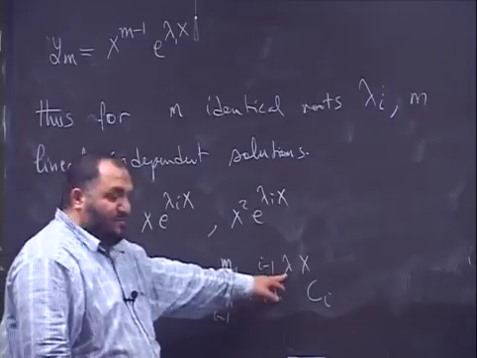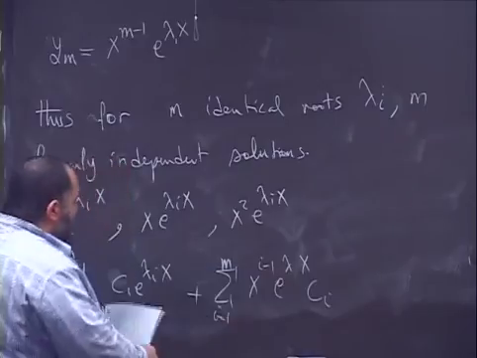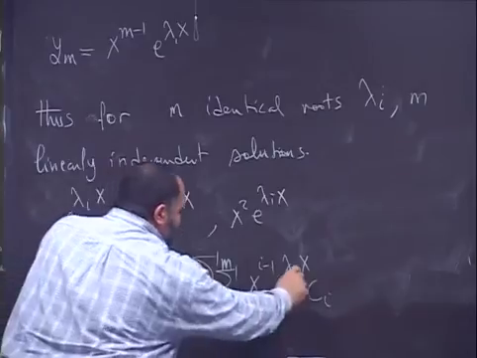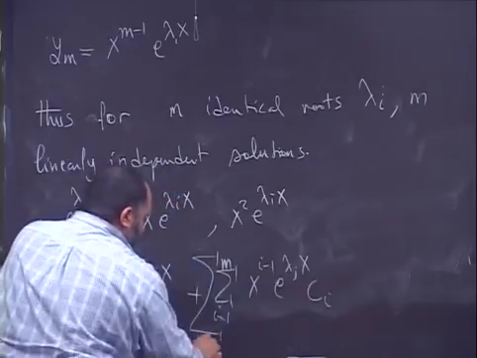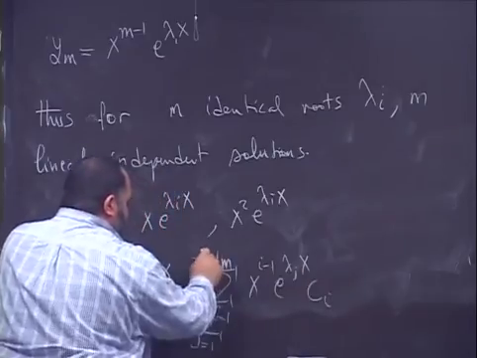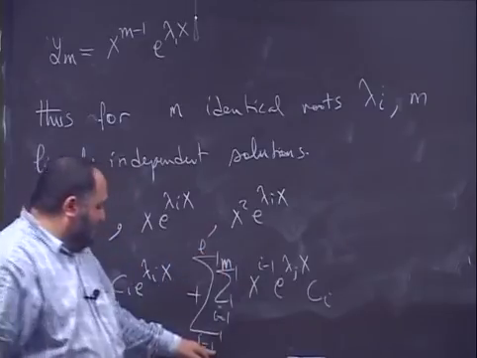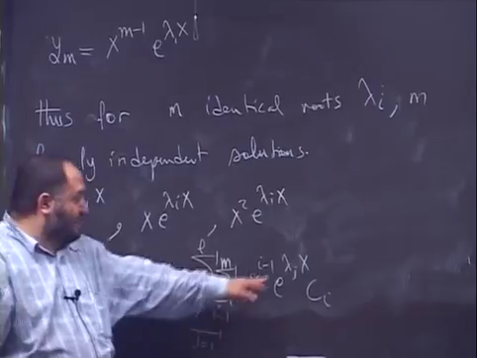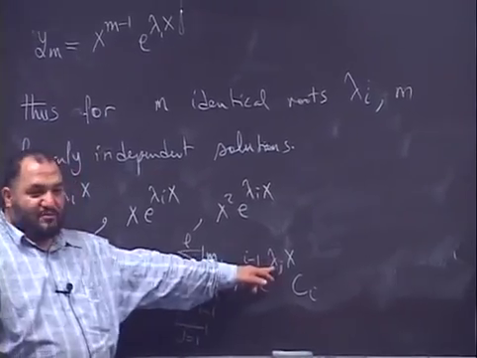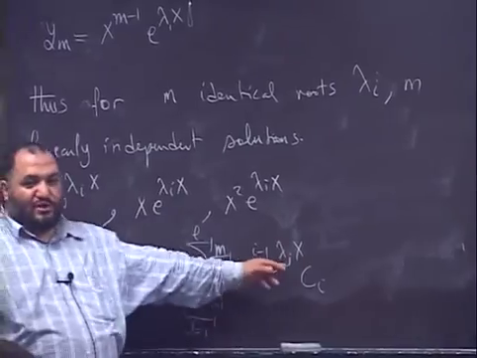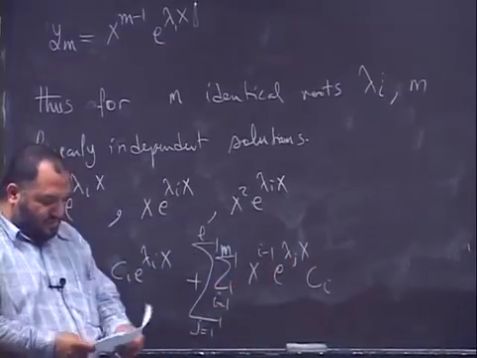If we have more than one repeated root, we'll call this j, and it will go from 1 to, let's say, L, where j equal to 1 is the first repeated root, j equal to 2 is the second repeated root, j equal to 3 is the third repeated root, and so on.